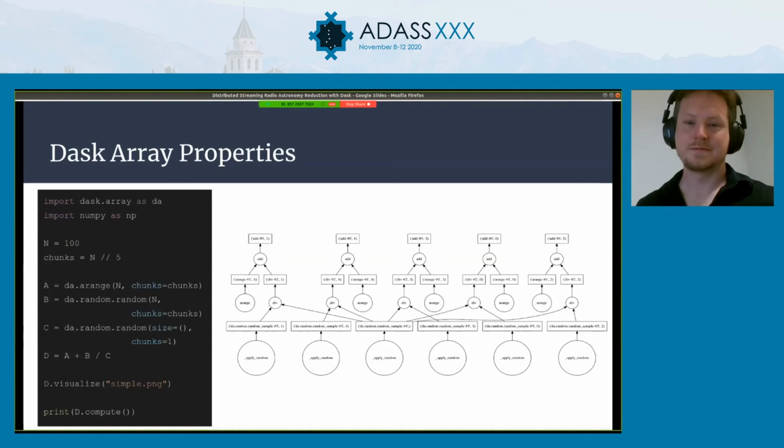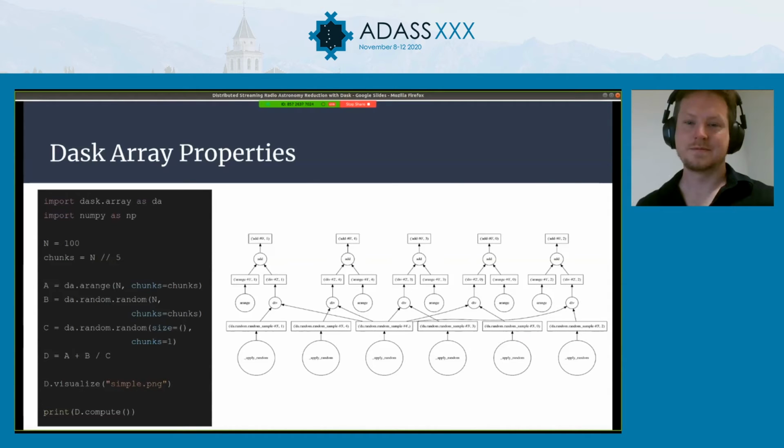The other thing to note about Dask arrays is that they're lazily evaluated. When we're using Dask arrays to construct expressions, we're merely constructing a Dask graph under the hood. So I think what I want to emphasize is that when we're creating Dask arrays, we are creating programs.